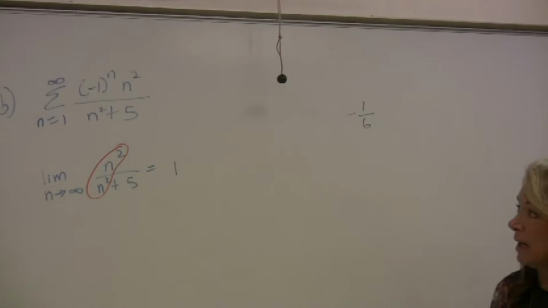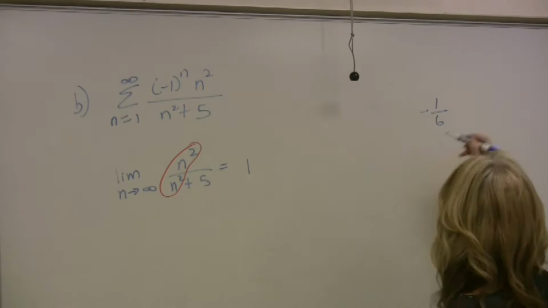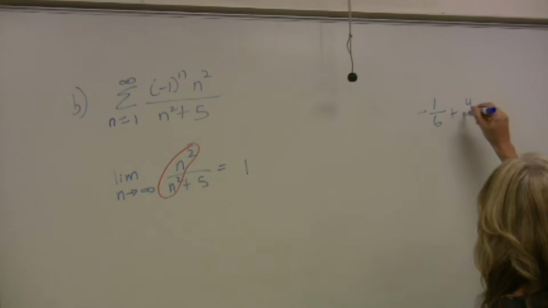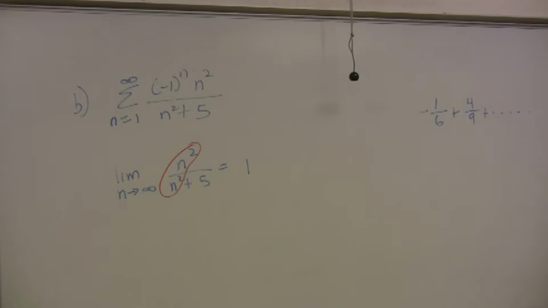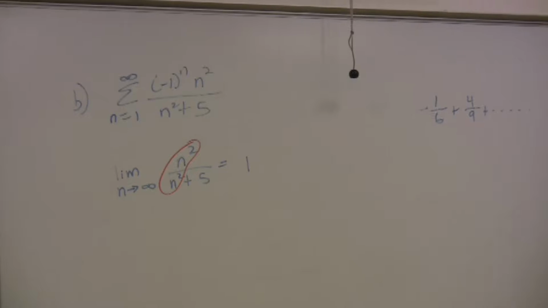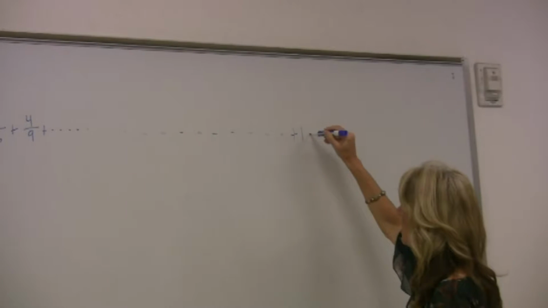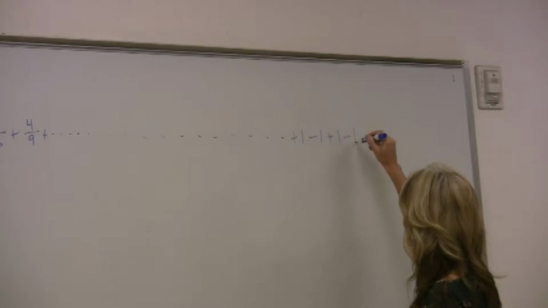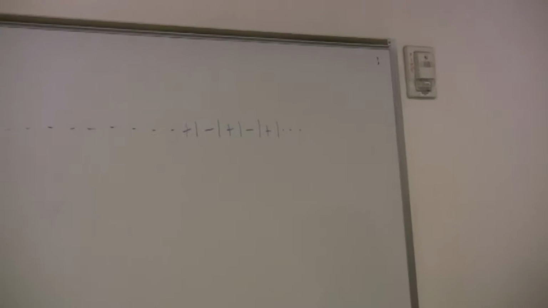If I plug a 2 in there, I get 4/9, that'd be positive. But what this limit is telling me is that if you get far enough out, it's like you're adding 1, then subtracting 1, then adding 1, and subtracting 1. They're not exactly 1, but they're so close to 1 that we're just going to round them to 1.